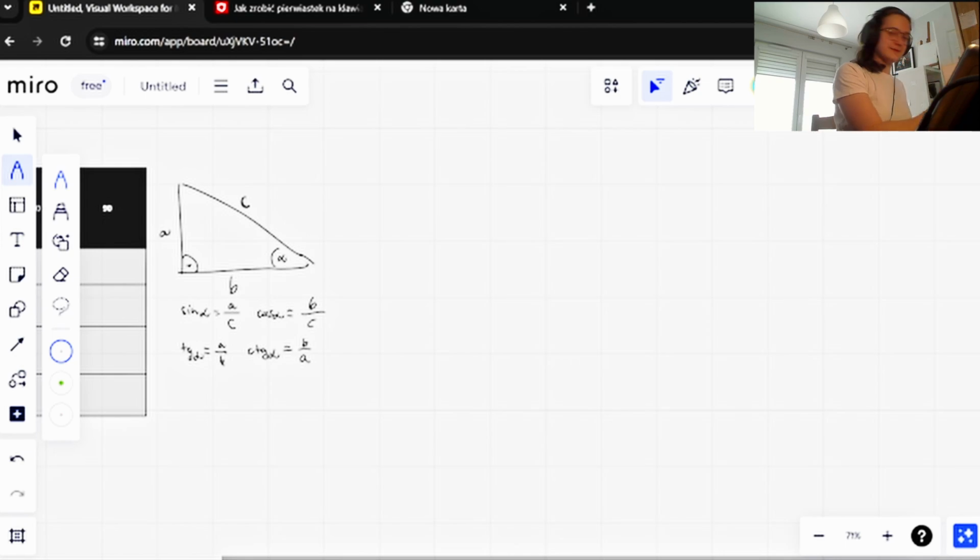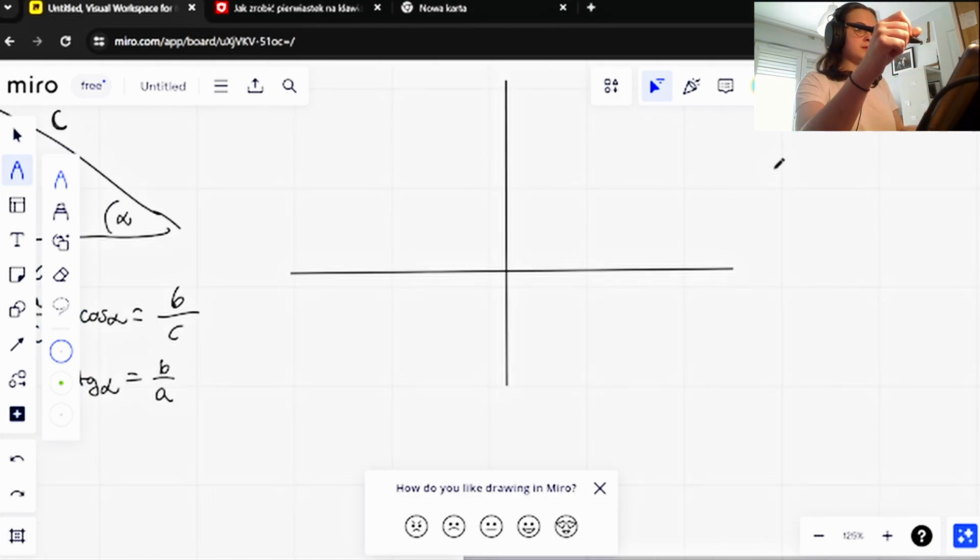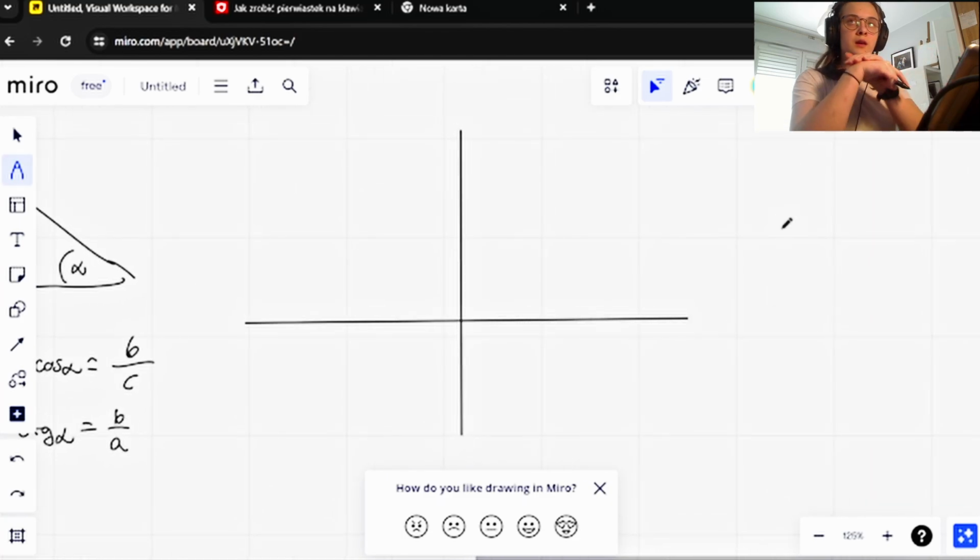The coordinate system. We have a couple of quarters in this, and these are important because these quarters give a value to the functions.